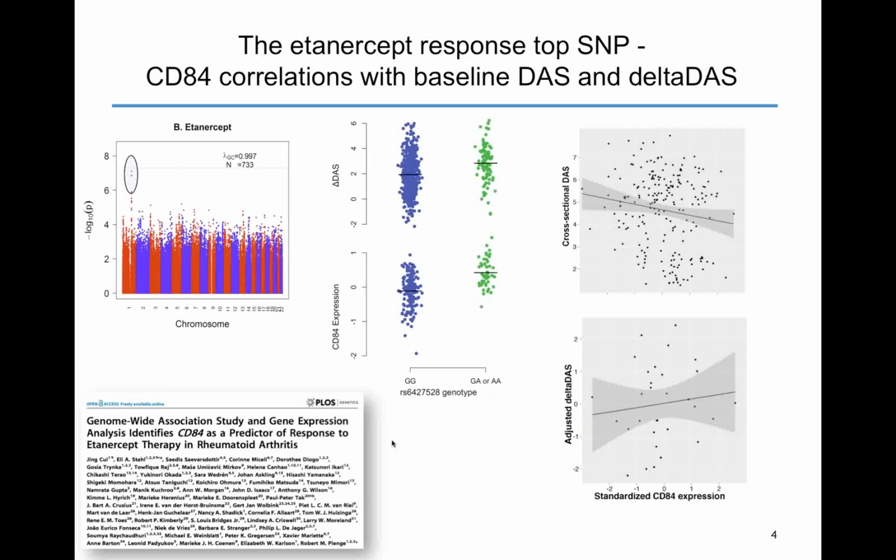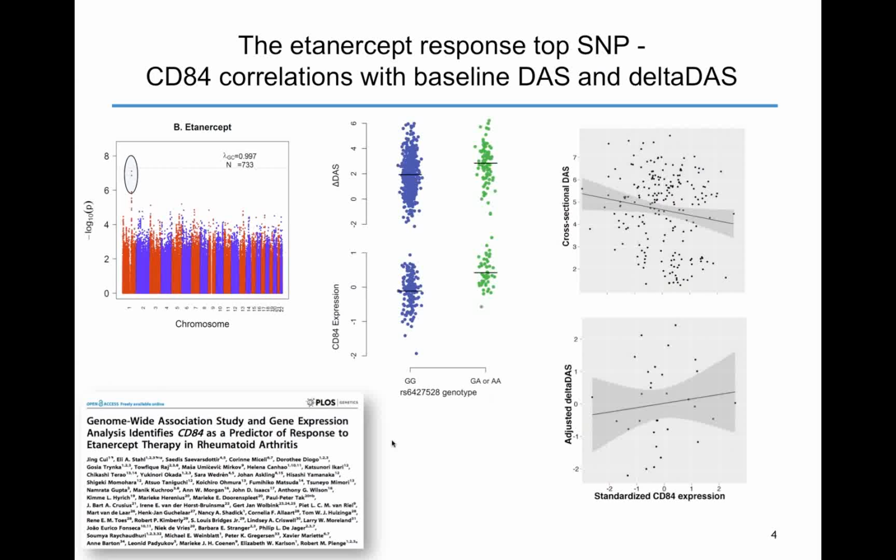When we initially started the project a few years ago, and you can see the publication shown here from PLOS Genetics, is effectively what we're calling the discovery data set for the DREAM Challenge. It was published, but all we did was single SNP analysis. We got some hints of single variants that look like they were predicting response to anti-TNF therapy.